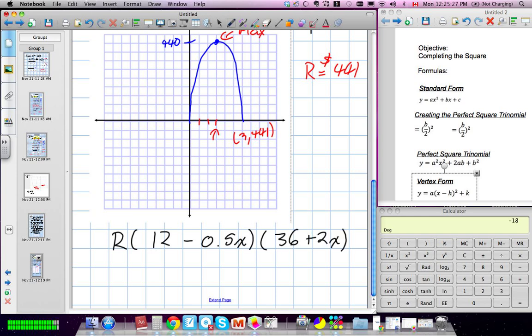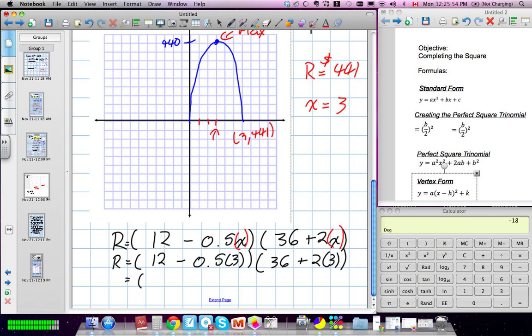Our x value is 3, we discovered, for our vertex. So we're going to plug that in for both of these x values. We're going to get 12, subtract 0.5 times 3. This is how I check to see my new price. And 36 plus 2 times 3.